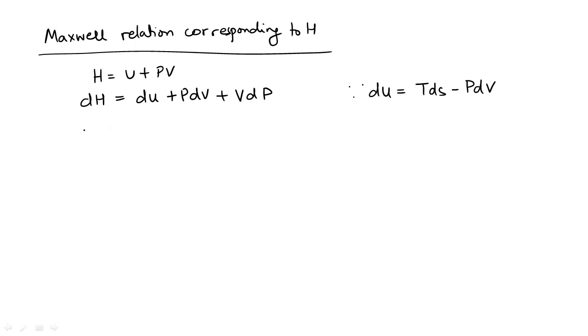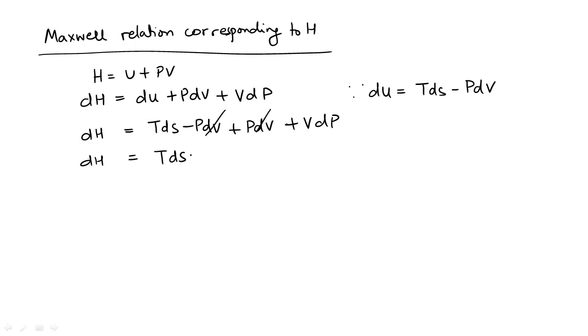So substituting that here, dH is equal to T dS minus P dV plus P dV plus V dP. And so dH is equal to T dS plus V dP. We see this total derivative of enthalpy written in the simple form. So the natural variables of enthalpy are S and P.